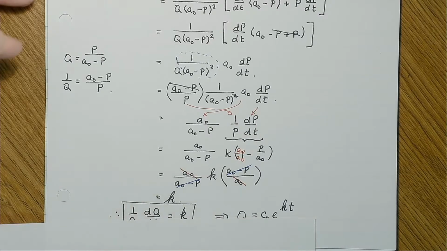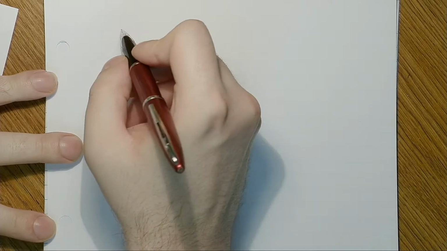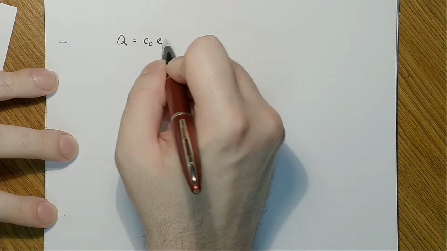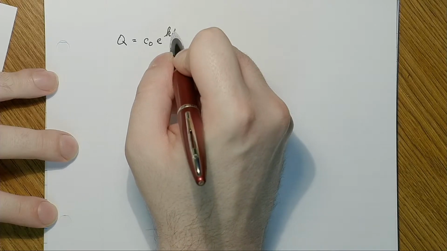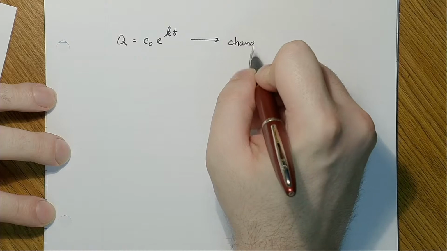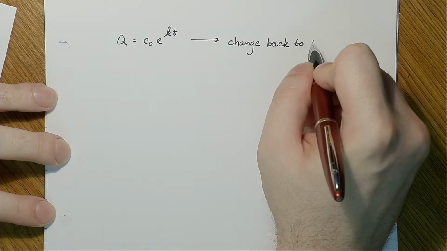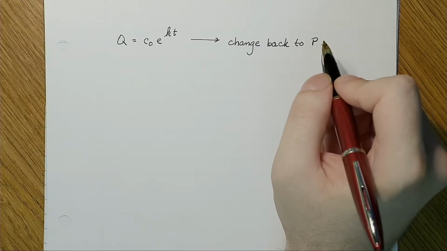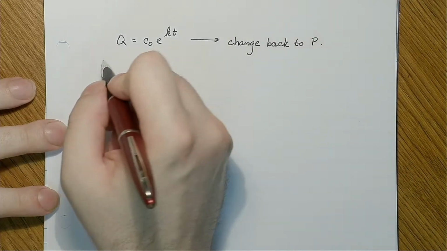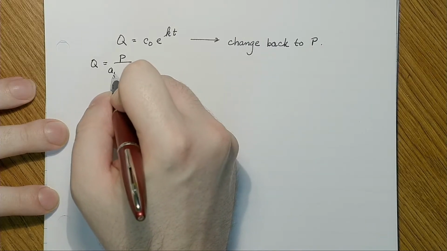And so we found this, which was q is equal to c naught e to the kt. So we change back to p. Right, and our q is equal to p over a naught minus p.